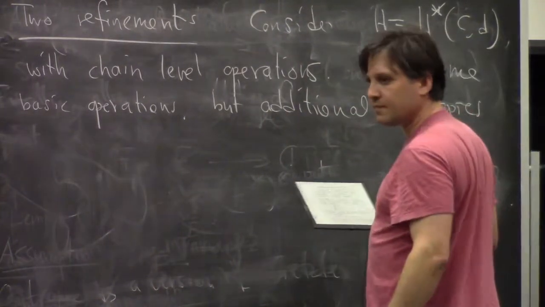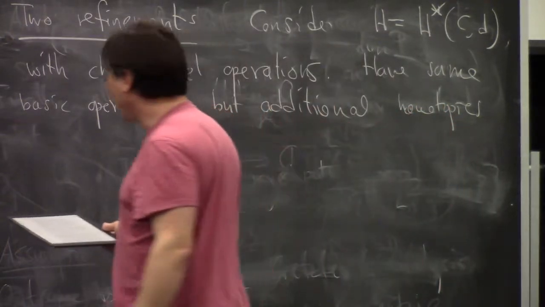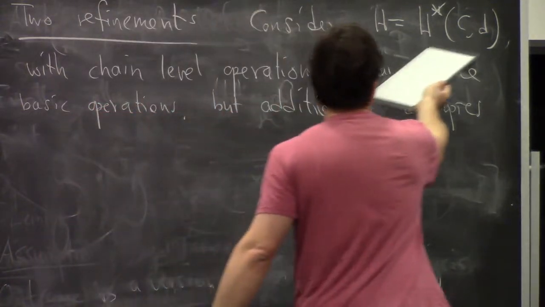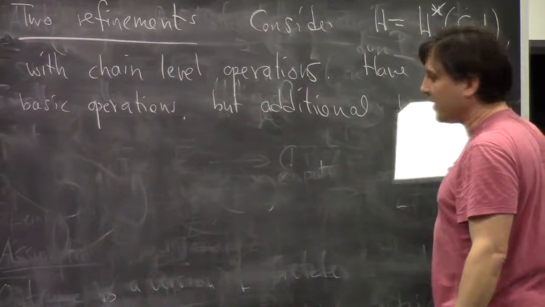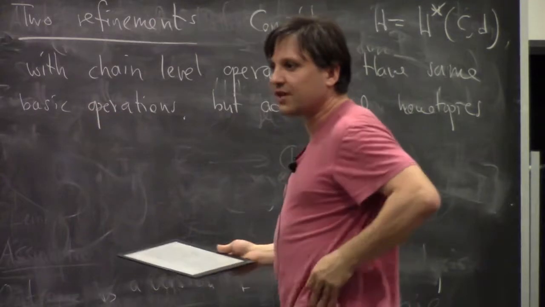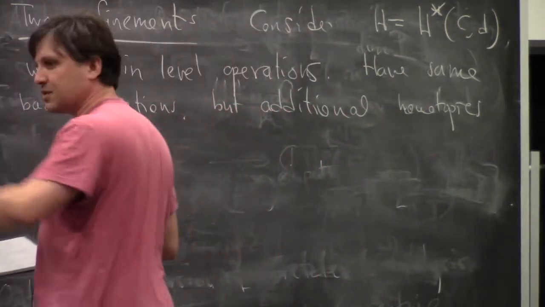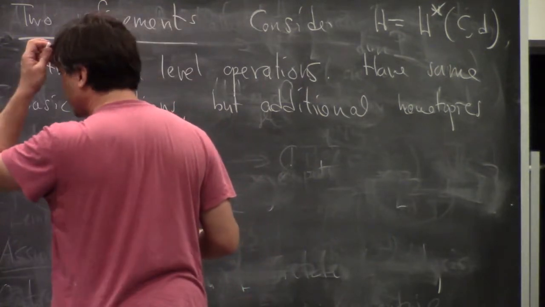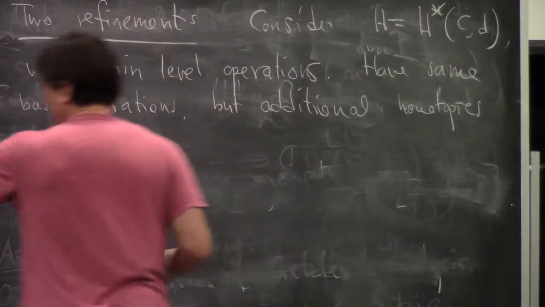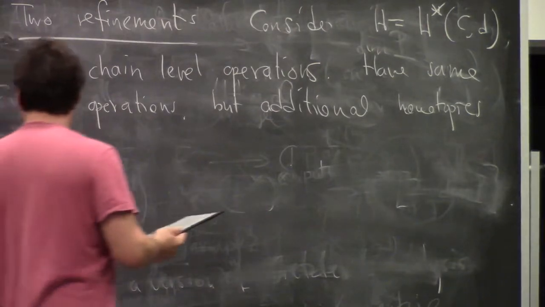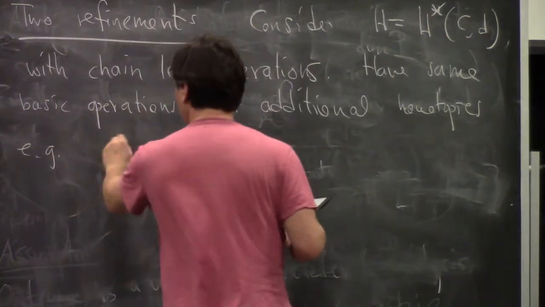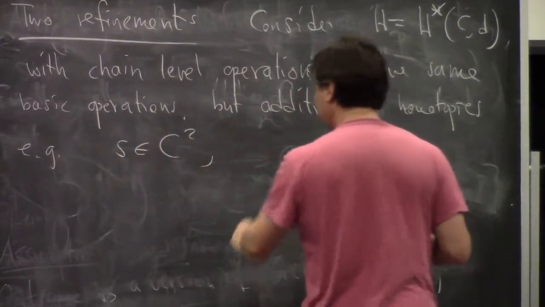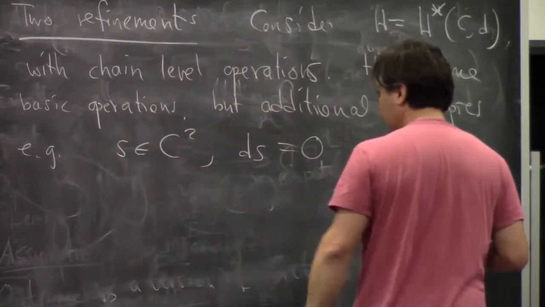Do you take the homology or the complex of chains? Yes. Now, H is the cohomology of some chain complex, okay? And now I'm assuming that you have operations on this chain complex that come from chains in the space of Riemann surfaces. Okay, and we have additional homotopies. So for instance, we still have this element S, which is closed.